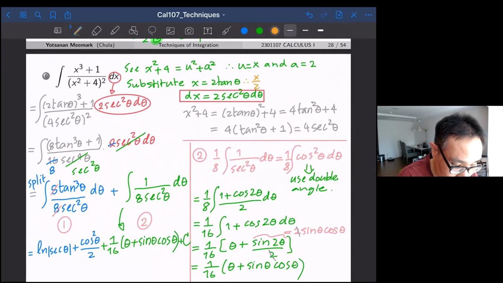So you would have x over 2 equal to tan theta. So you draw a right triangle.